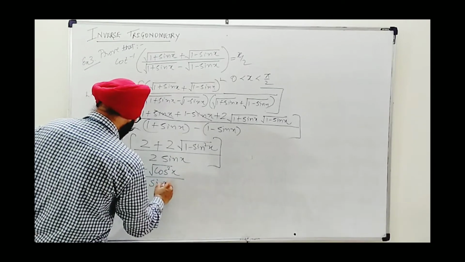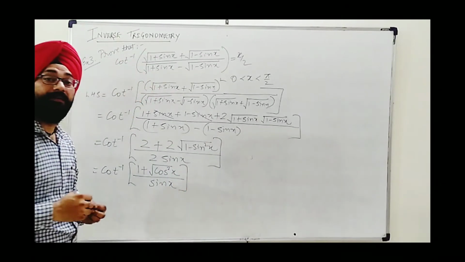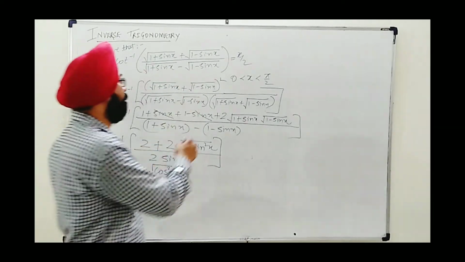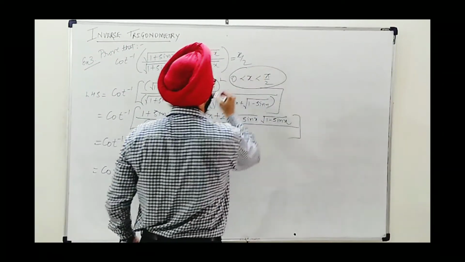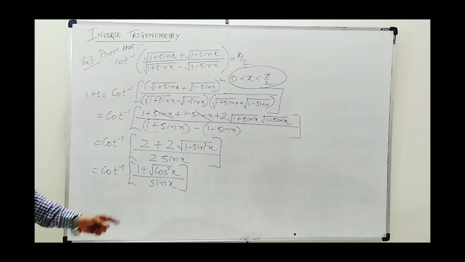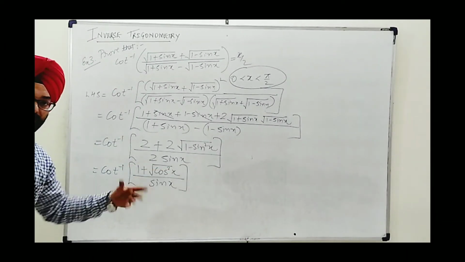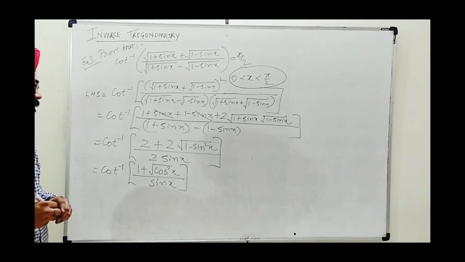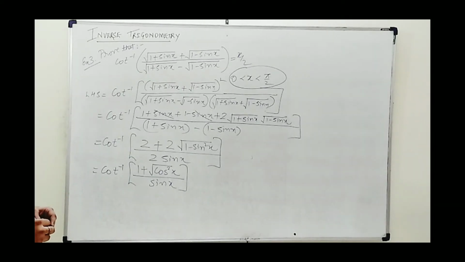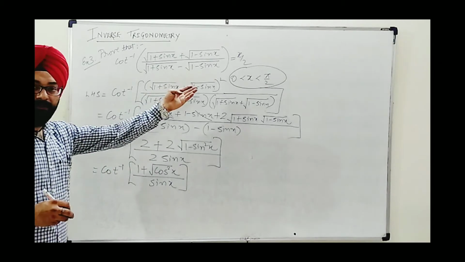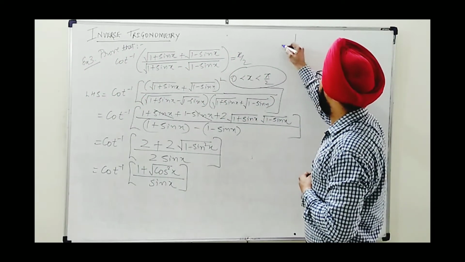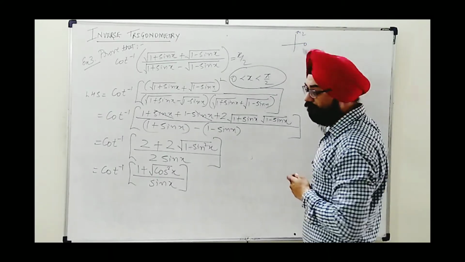So it is square root cos square x upon sin x. Now we have to be alert as a condition is given. It is given, that's why we cannot directly write root cos square x as cos x only. So we have to see the condition first. As x lies between 0 and pi by 2, that means first quadrant.